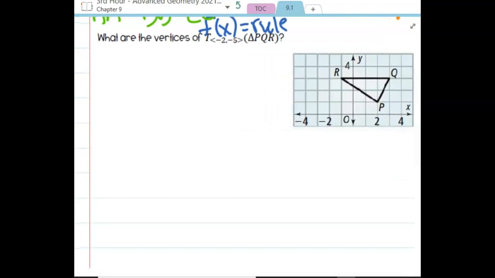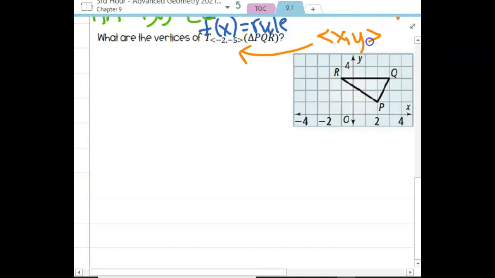So this is that notation that we were talking about. It says, what are the vertices of the transformation of triangle PQR. So it's drawn here for me. This right here is my rule. So you see how it has the little arrows. It says -2, -5. Your rule down here, if you see something like this, is going to be an x, y rule.